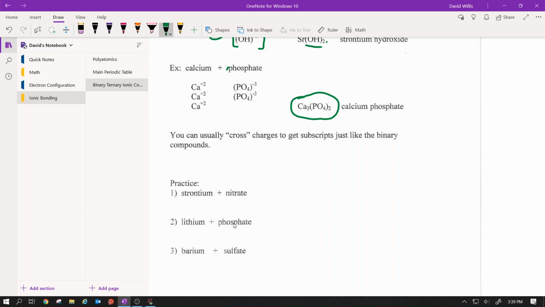Excellent. We are running short on time, so we're going to rush through a couple of quick examples. Strontium nitrate. You remember that strontium was Sr2+. Nitrate. Look on the back and find your nitrate.